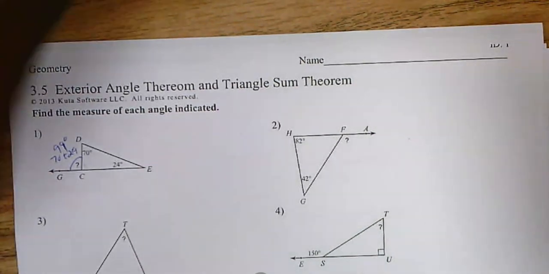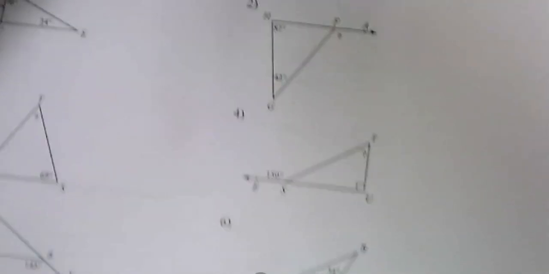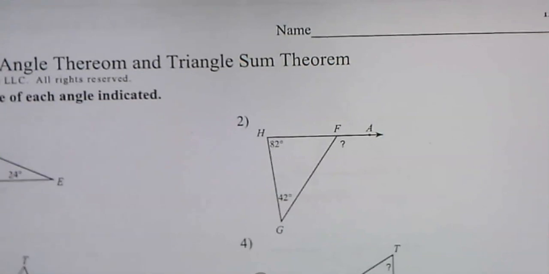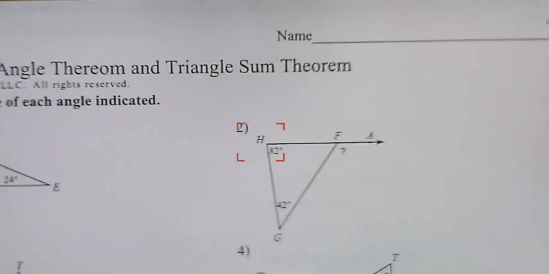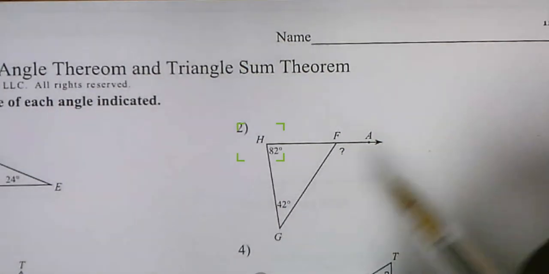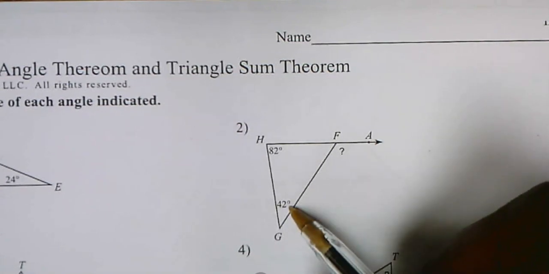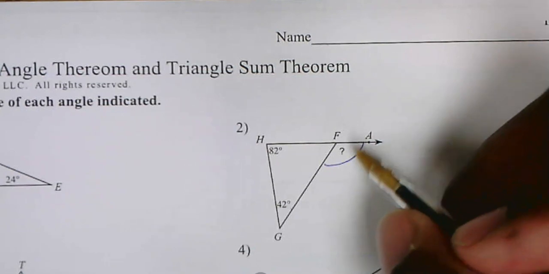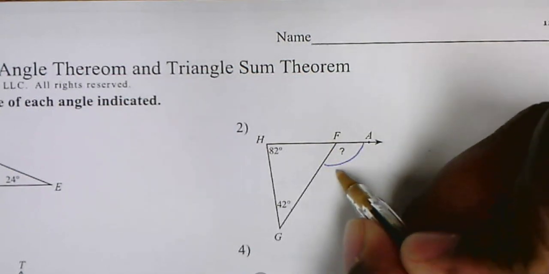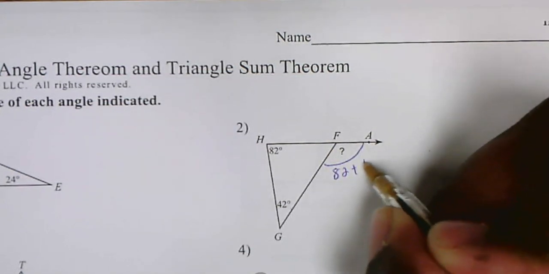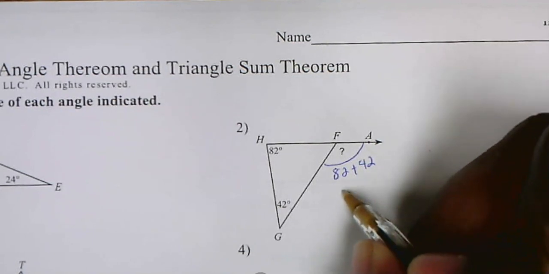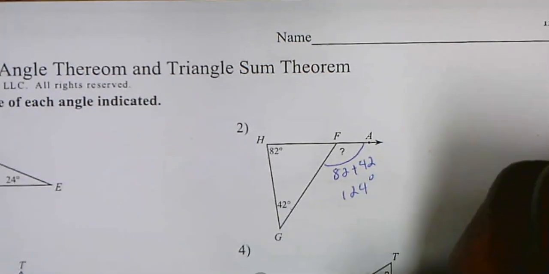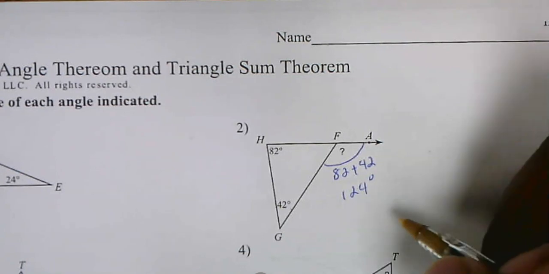Let's look at a new one. In this one, it said find the measure of this angle. So here, we have these two angles being 82 and 42, and I want to find this exterior angle. Well, our theorem says that this angle has to be 82 plus 42. That's 124 degrees. And I can prove it.